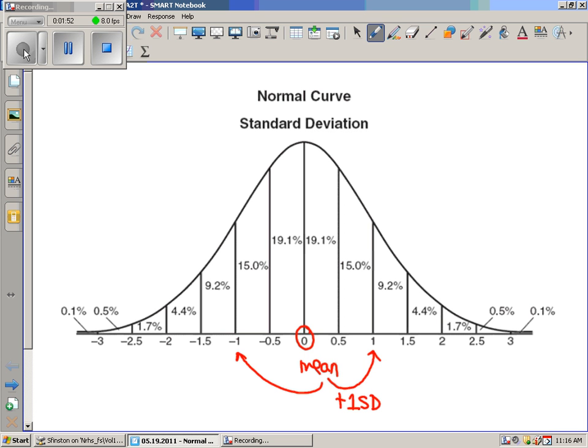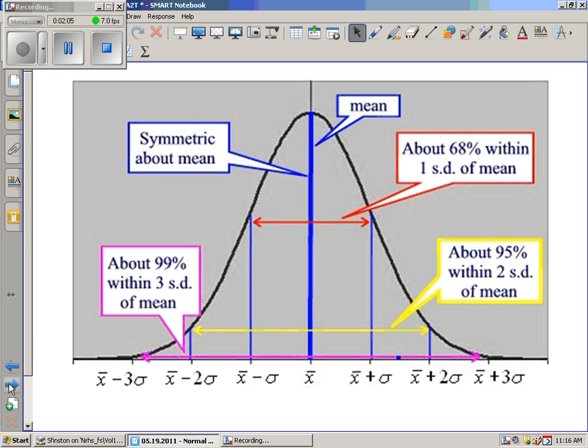That's +1 standard deviation. This is -1 standard deviation. And it turns out all you really need to do is go 3 standard deviations away from the center, and you can accurately make a prediction that is 99% correct about a population.